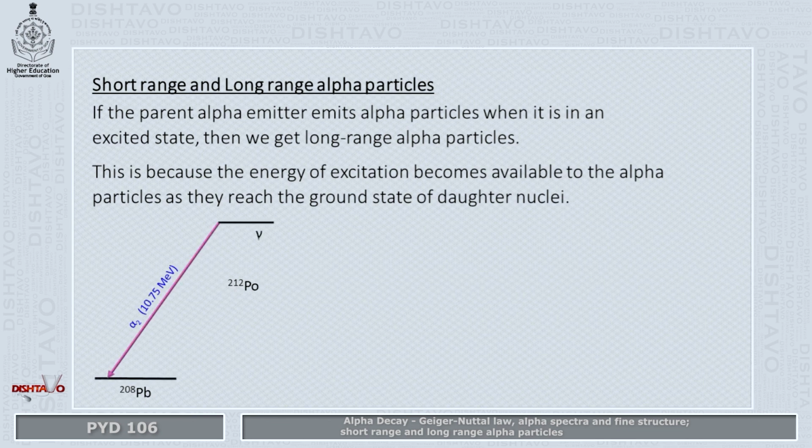A very simple example that I have for you is again of polonium getting decayed to lead, and as you can see, the alpha particles are given out from these excited energy levels itself. You can see the energy associated with it, almost 10.75 mega electron volts, 9.67 mega electron volts, 8.95 mega electron volts, and so on.